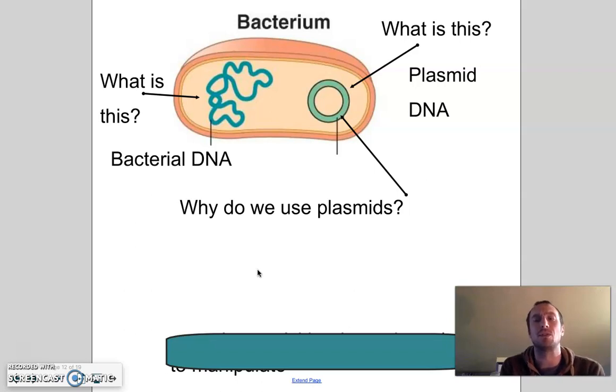And researchers cut it out of a human cell using a restriction enzyme. They spliced it into a bacterial cell using the same restriction enzyme. They allowed that bacteria to reproduce over and over again. And guess what? That bacteria not only made its own proteins, it also started making the human protein insulin, and lots of it.